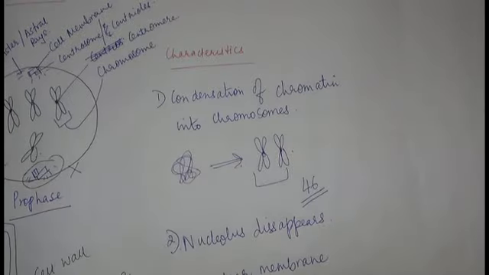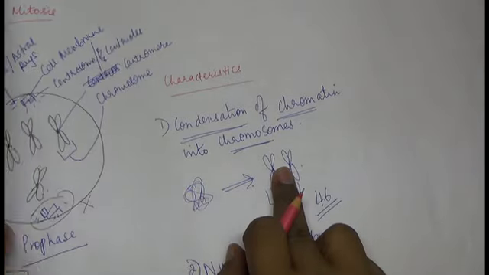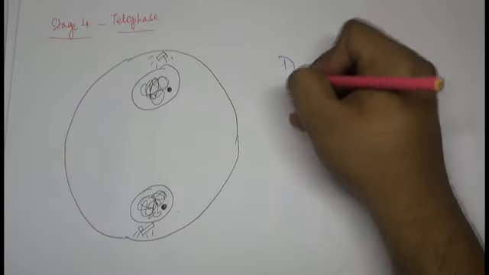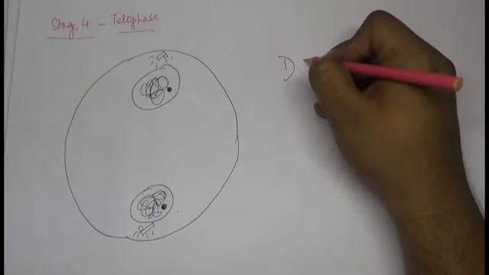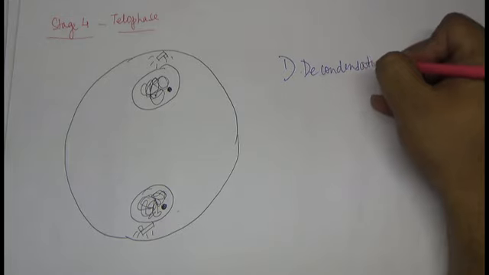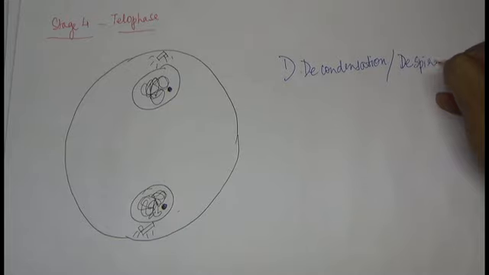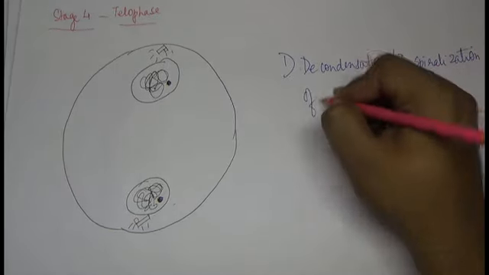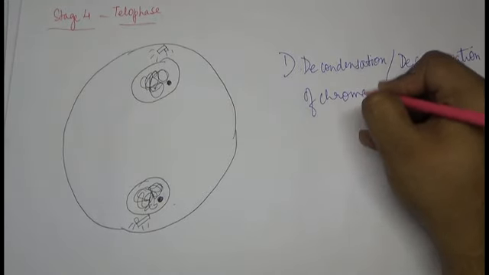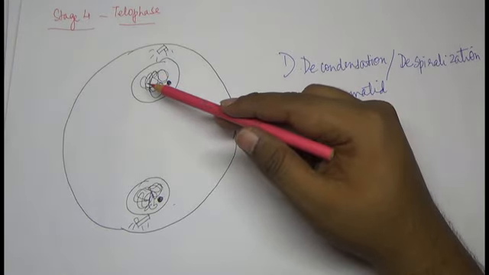Prophase में क्या होता है? प्रोफेज में होता है कंडेंसेशन ऑफ क्रोमैटिन इनटू क्रोमोसोम, है ना. यहाँ पे क्या होता है? The first step that will occur here is decondensation or despiralization of chromatid. Now it's no longer chromosome, है ना, वो स्प्लिट हो गया था क्रोमोसोम एनाफेज में ही.